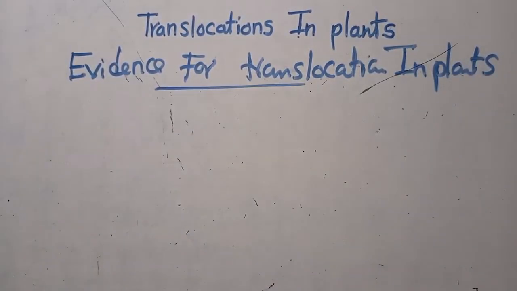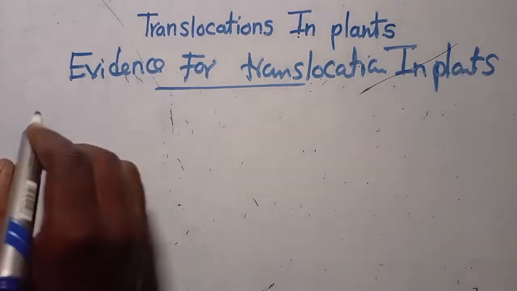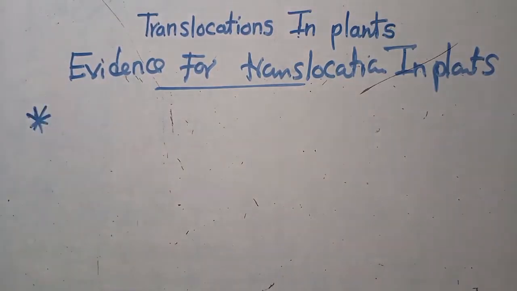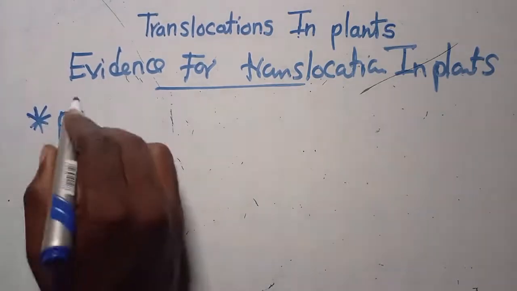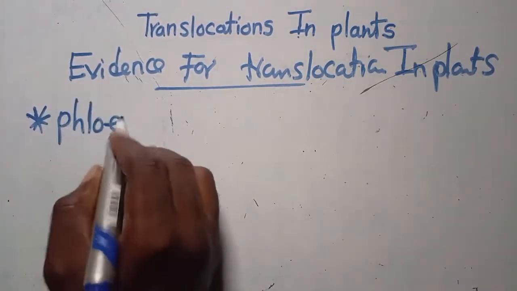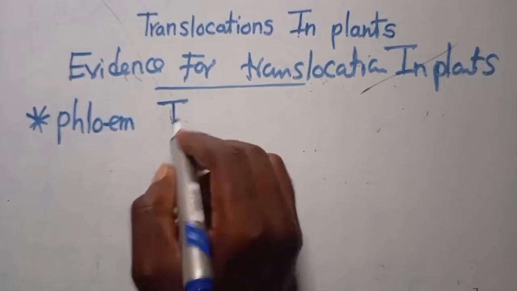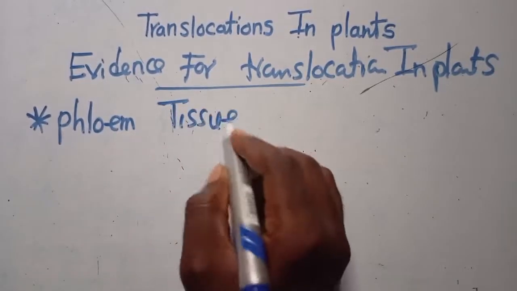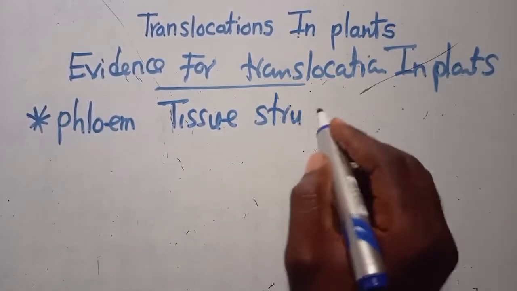So the evidence for translocation in plants. What are certain evidence that we need to know for translocation in plants? The first evidence is what we are calling phloem tissue structure.